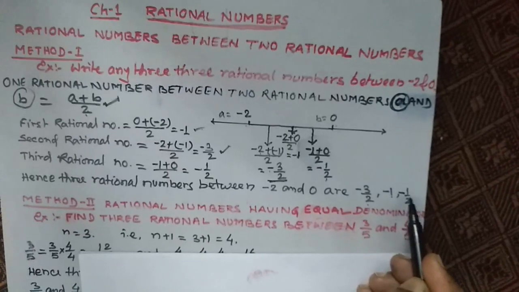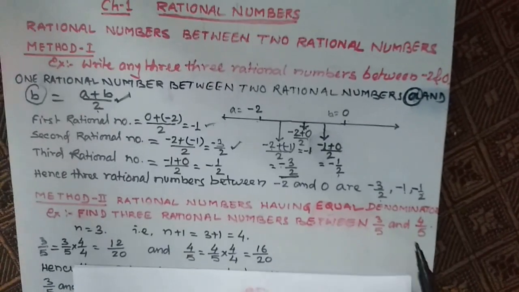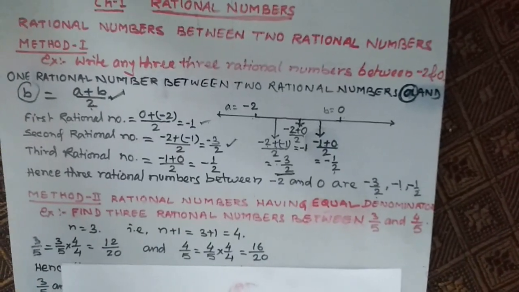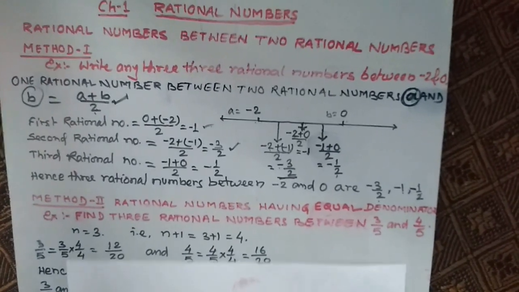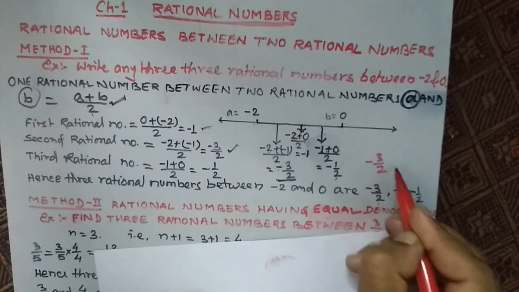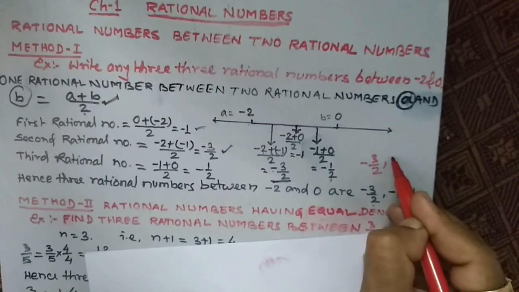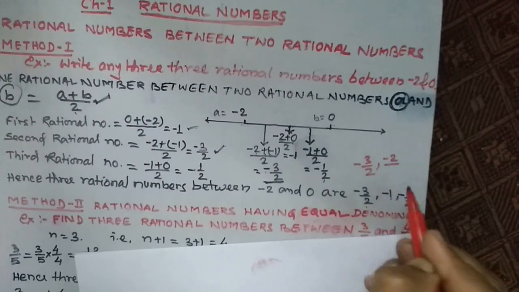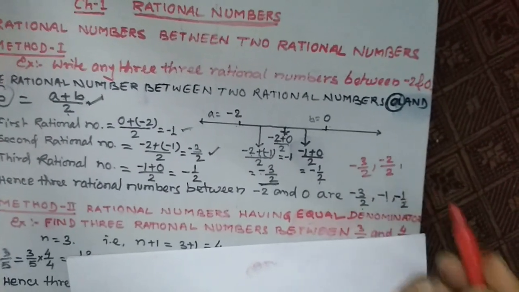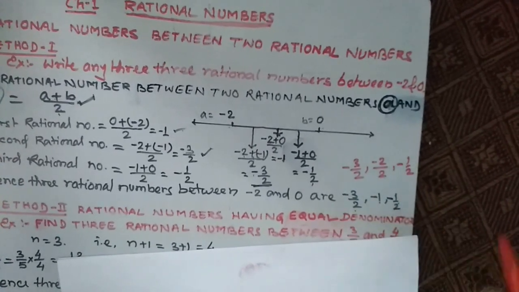Third rational number is -1/2. Now, without saying it like this, can you say -3 by 2, -1, can you write -2 by 2, and it is -1 by 2.